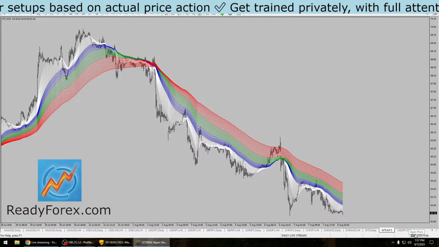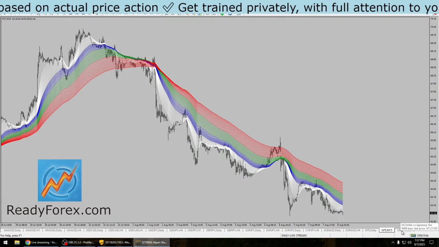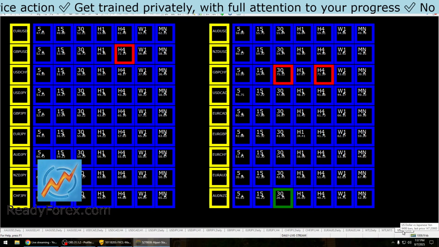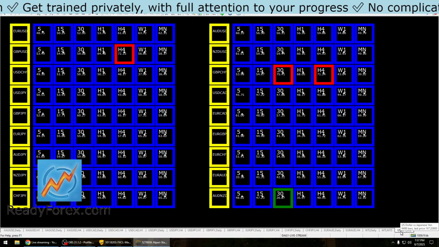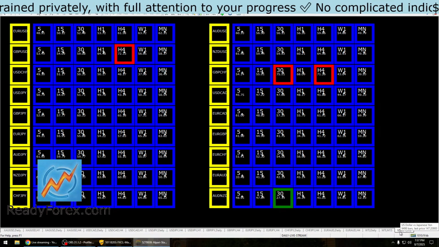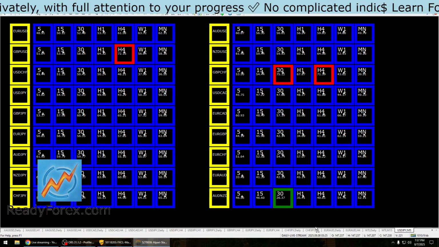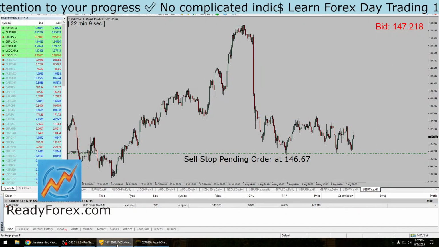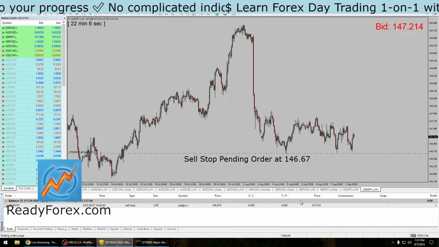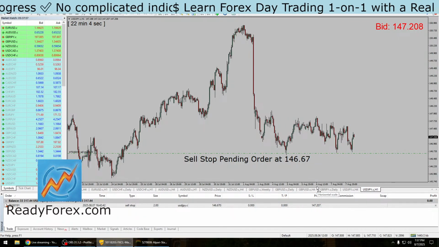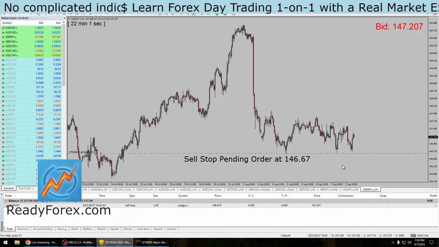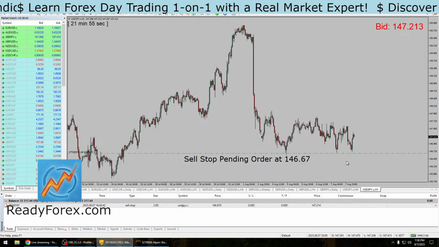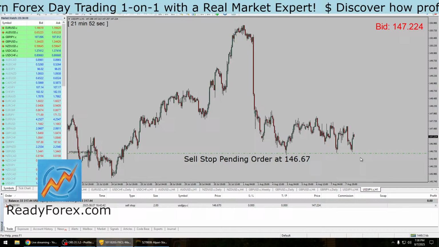Go back to the radar screen and see which currency pairs are showing some interesting activity. Okay, it is probably trying to drop over here. Let me go back to the trading terminal. So this is the sell stop pending order, and the market is probably going to drop.